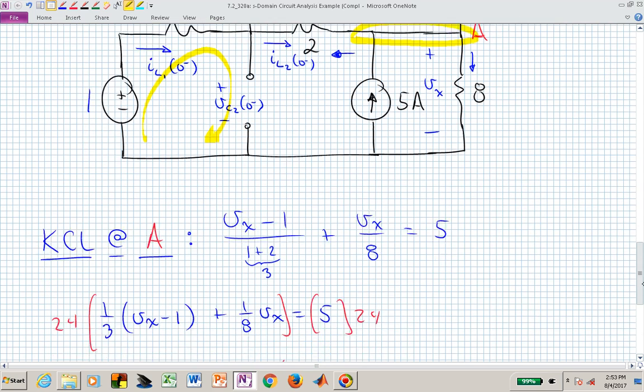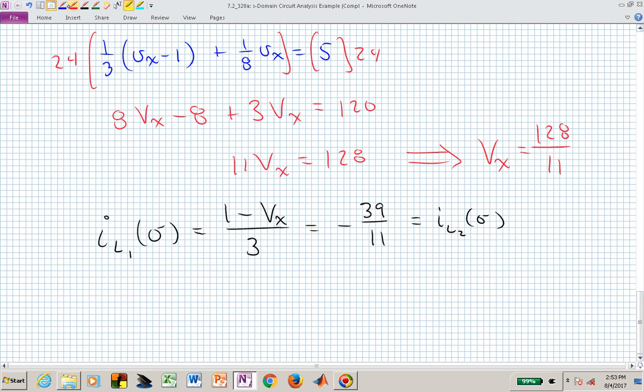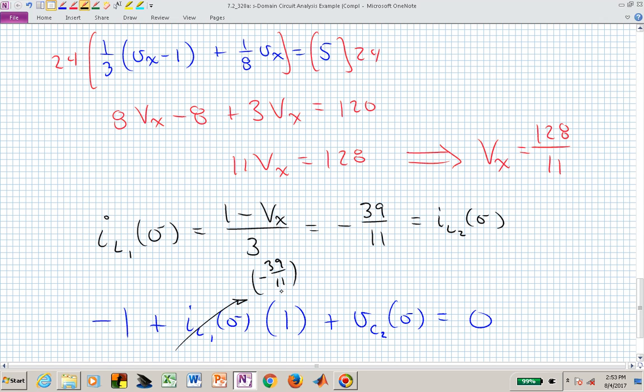If we write KVL around that mesh, we have minus 1 going into the negative terminal of our source, plus I sub L sub 1 of 0 minus times 1, which is the resistor value, plus V sub C sub 2 of 0 minus is equal to 0. And now we know that I sub L sub 1 of 0 minus is minus 39 over 11.